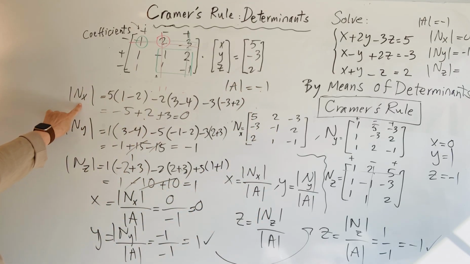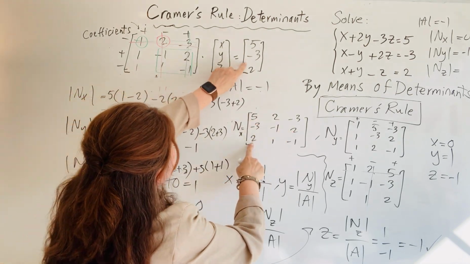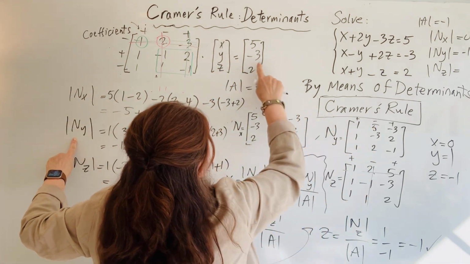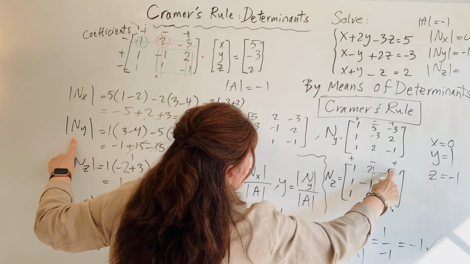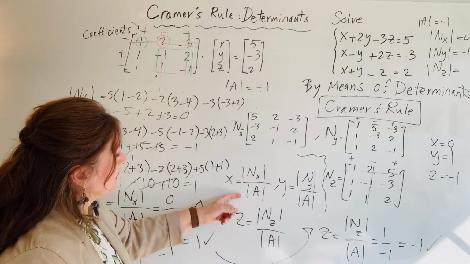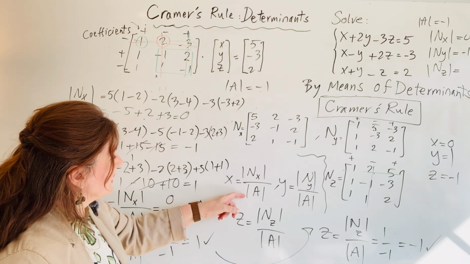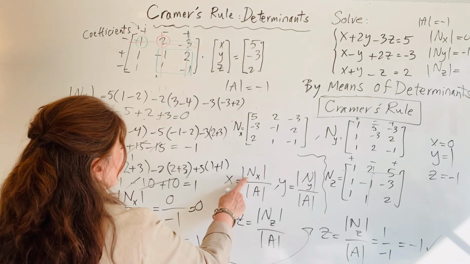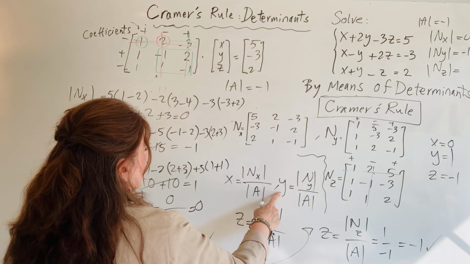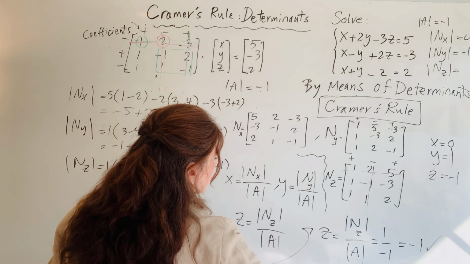N of x is the matrix of coefficients where instead of the x column we use the constants. For y, we replace the y column with the constants. And for z, replace here and get the determinant. Then X is this number divided by this number, which gets 0 because this one is 0. Y is -1 over -1 gets 1, and z is 1 over -1 gets -1.